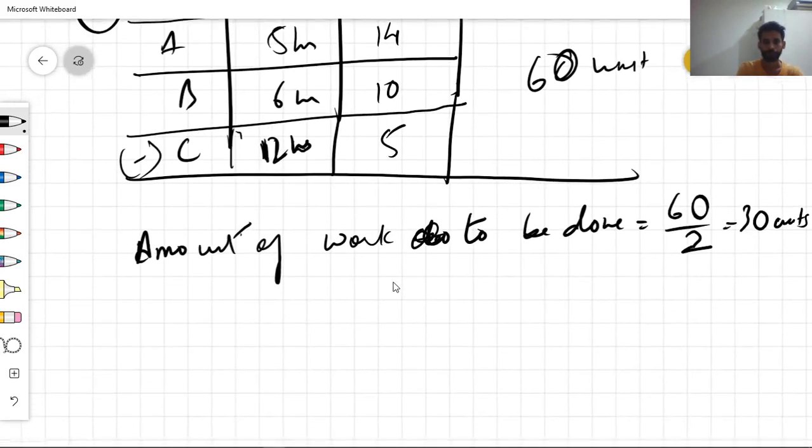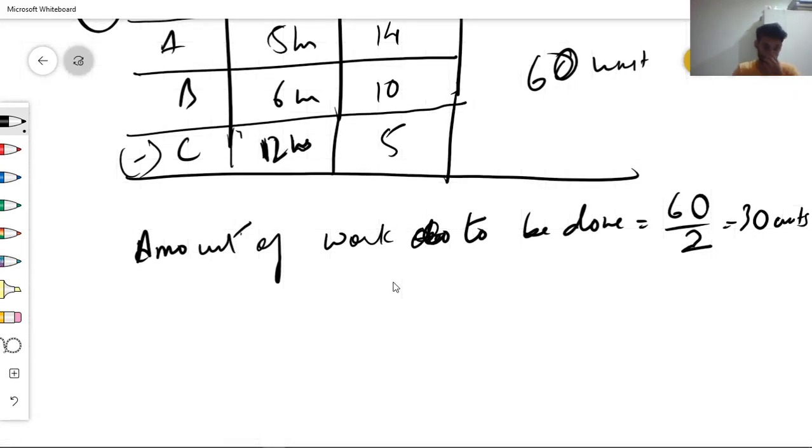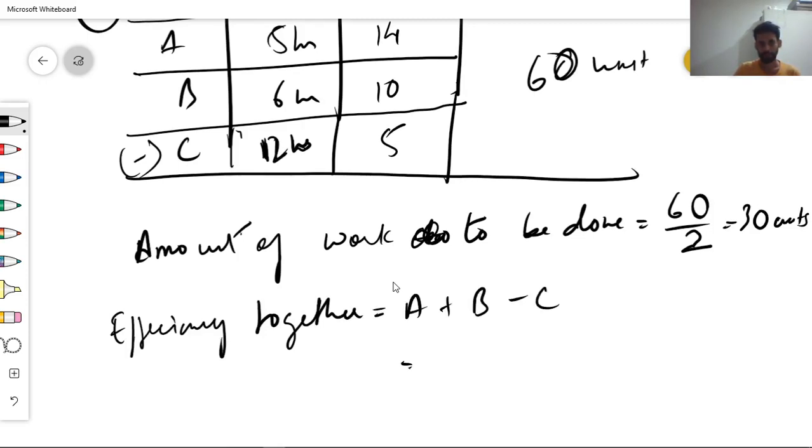So now efficiency together, A plus B minus C, so 14 plus 10 minus 5, so it will be 24 minus 5, 19.